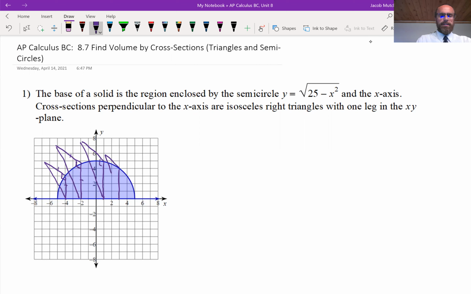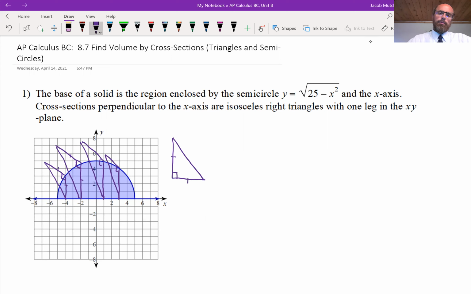So let's start by setting up our integral. What I'm keeping in mind is that I'm really using the area of these isosceles right triangles. If I were to bring one of them sideways, it would look something like this, where my two legs are congruent. That's not to scale, but they are congruent.